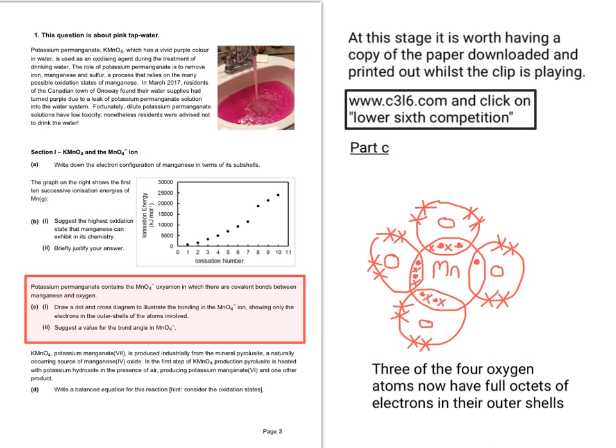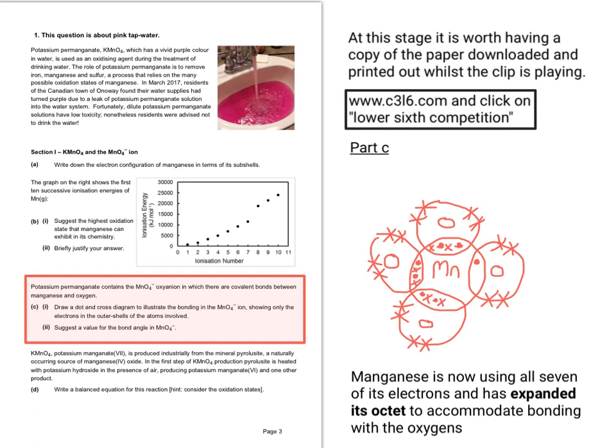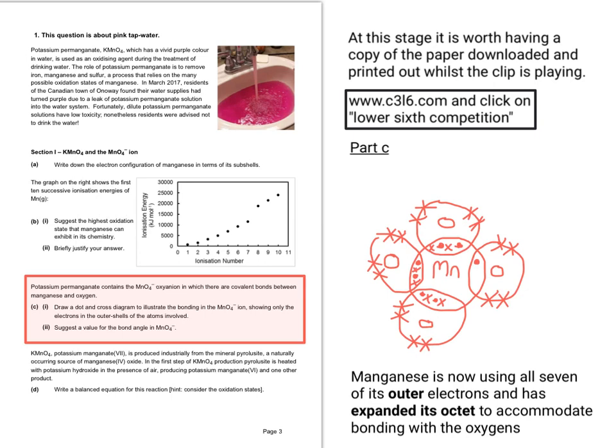So in other words, I've filled up the octet in 3 of the oxygen atoms. At the same time, manganese is now using all 7 of its outer electrons, and in doing so has expanded its octet.